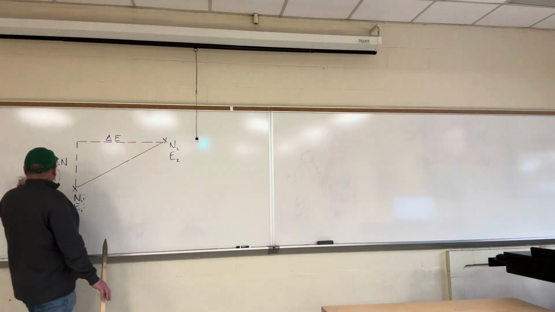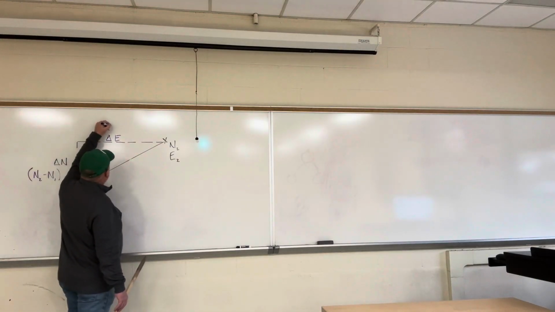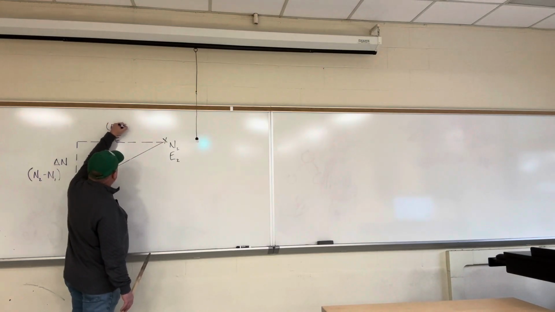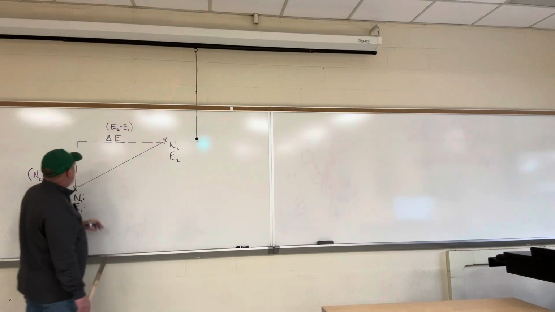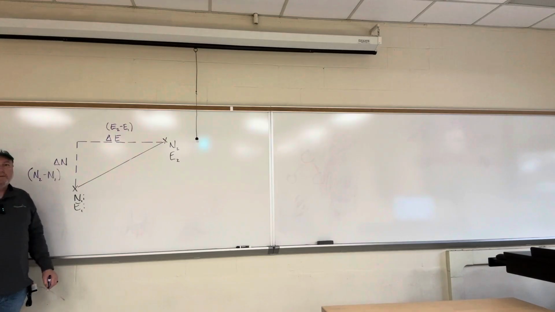Same thing over here. Because I started with point number 2, I'm going to continue doing so: easting sub 2 minus easting sub 1. And that will give us the lengths of the sides of our triangle.